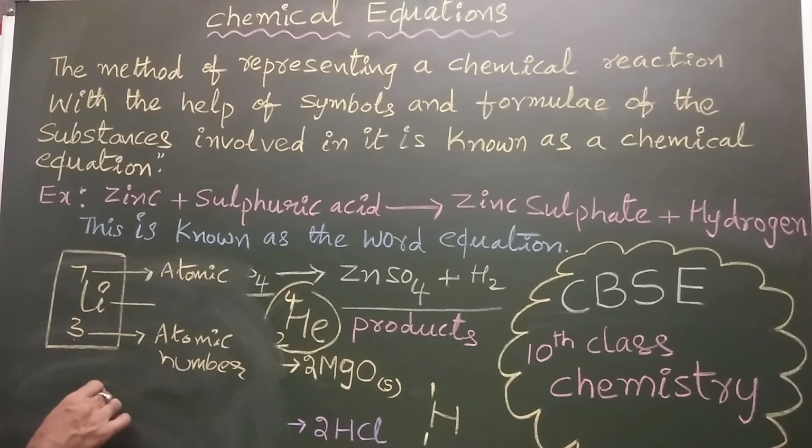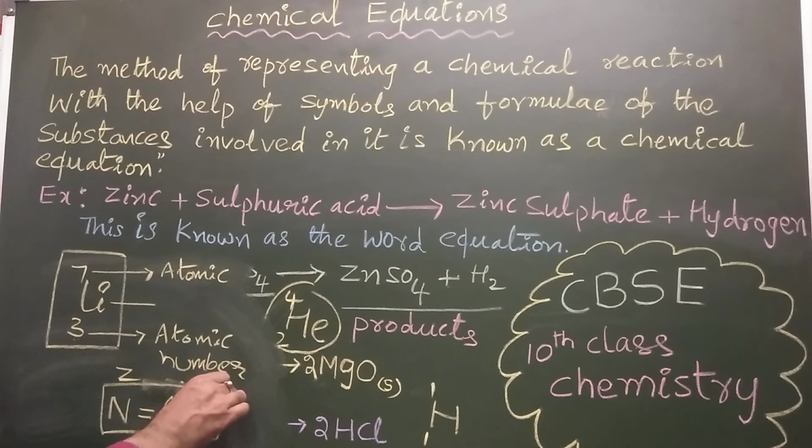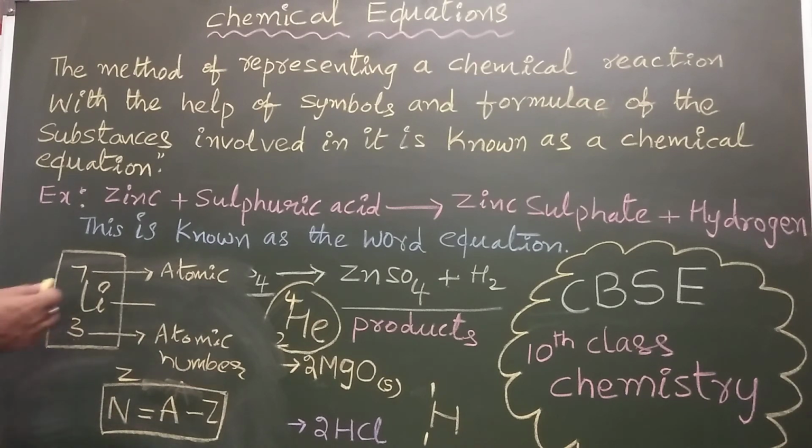Atomic number is always represented by Z, atomic mass is represented by A, and the number of neutrons is represented by N. That's how we get the number of neutrons, that means A minus Z. So 7 minus 3 equals 4 neutrons.